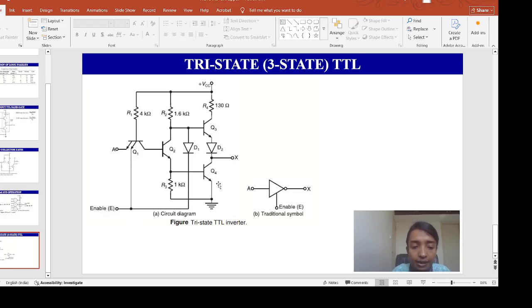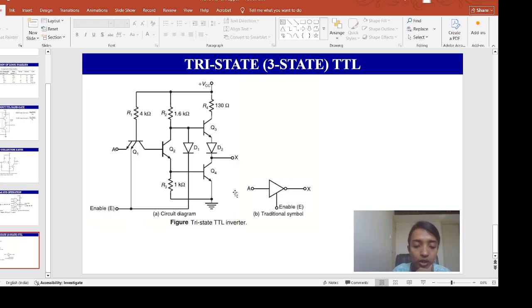So in this high Z state, both the transistors in the totem pole arrangement are turned off. That means the output terminal is a high impedance to ground or VCC. In practice, the output terminal is not exactly an open circuit but has a resistance of several megohms or more relative to ground and VCC.